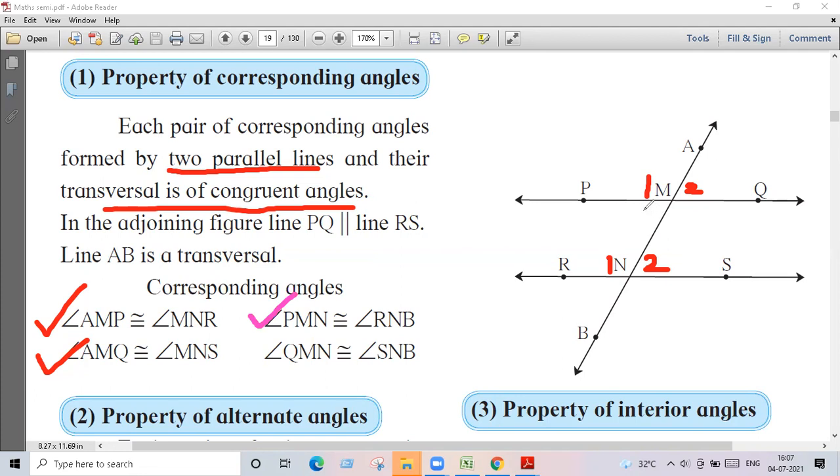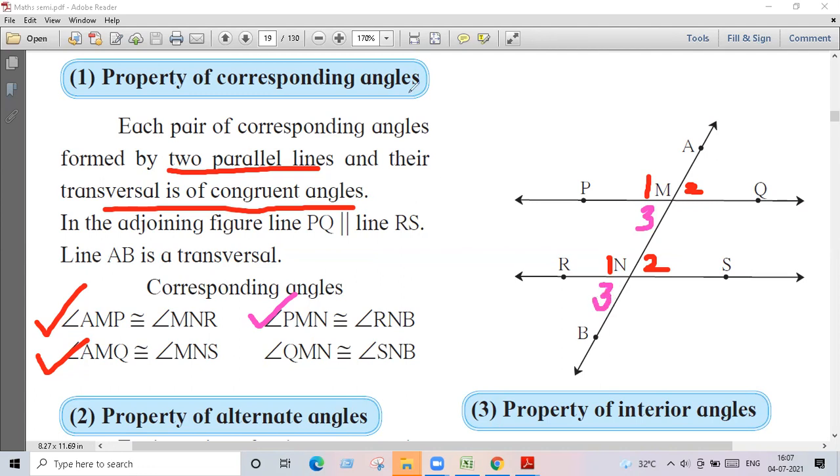PMN and RNB, sorry. So this is your third pair, PMN and RNB.